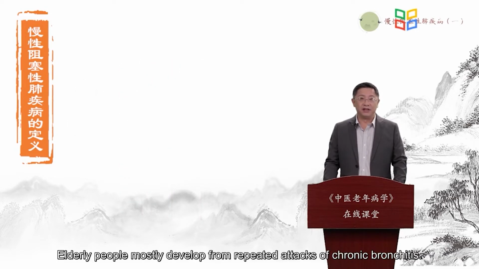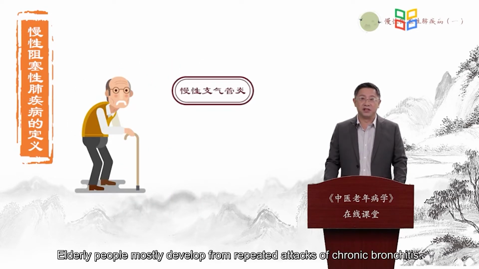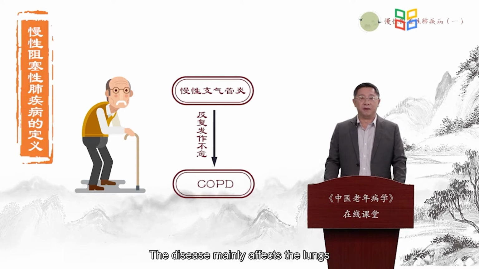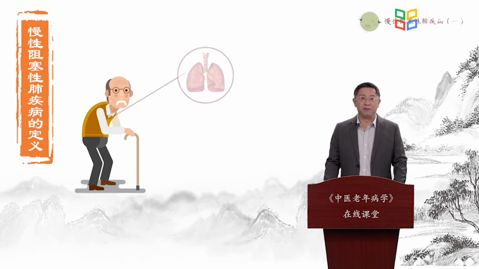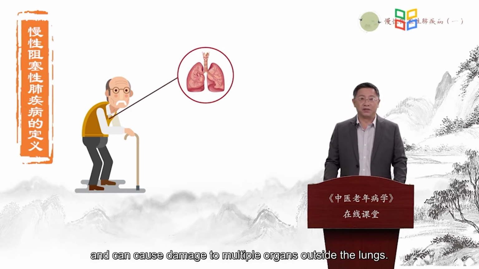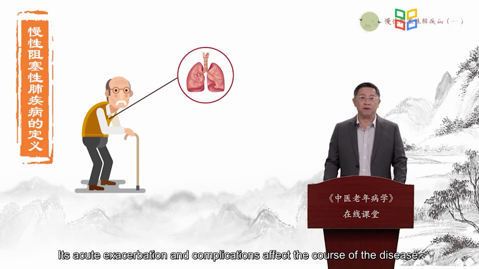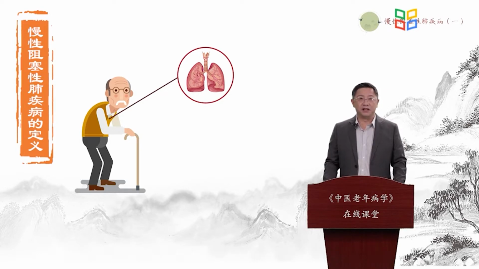Elderly people mostly develop it from repeated attacks of chronic bronchitis. The disease mainly affects the lungs and can cause damage to multiple organs outside the lungs. Its acute exacerbation and complications affect the course of the disease.